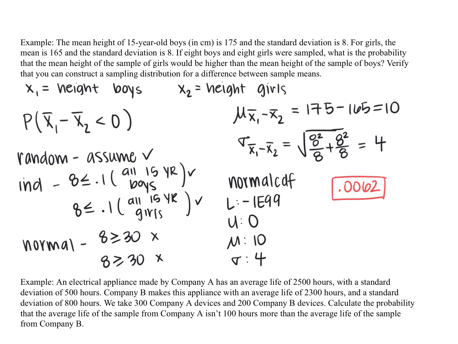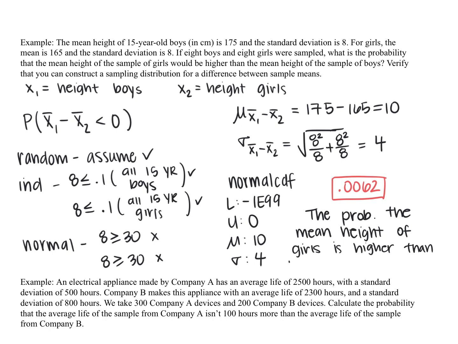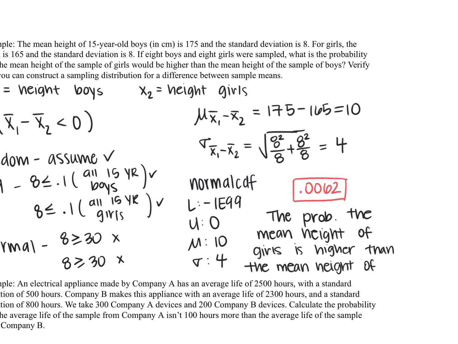Very, very small probability, less than 1%. So for our sentence, the probability the mean height of girls is higher than the mean height of boys is 0.0062.